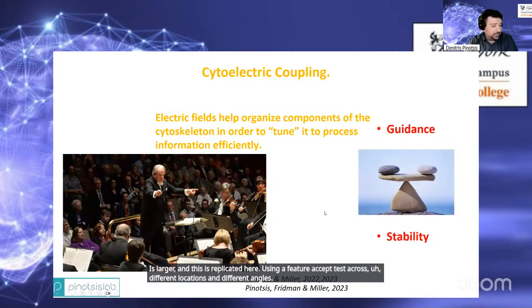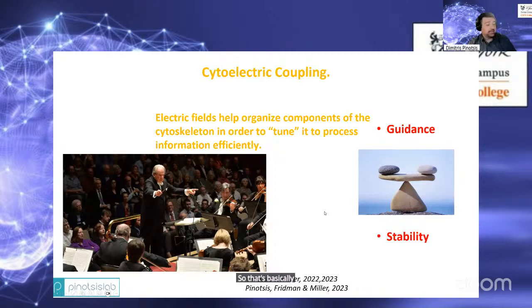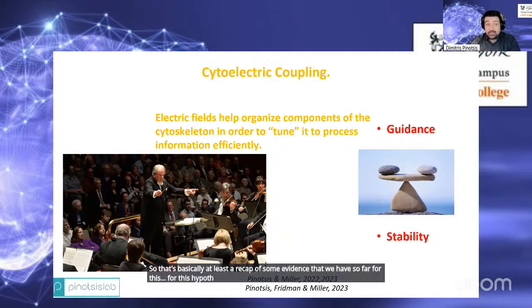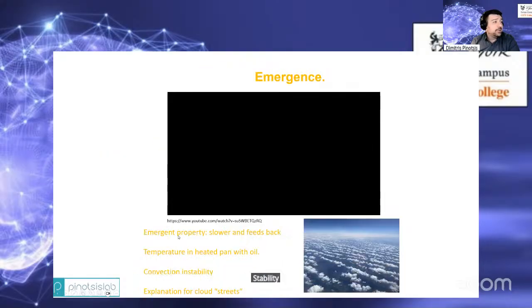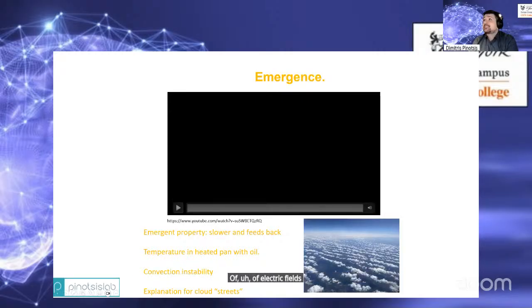So that's basically a recap of some evidence that we have so far for this hypothesis, and I showed you experimental data and some computational analysis that argue in favor of both guidance and stability. So the take-home message is that somehow you have emergence of electric fields.